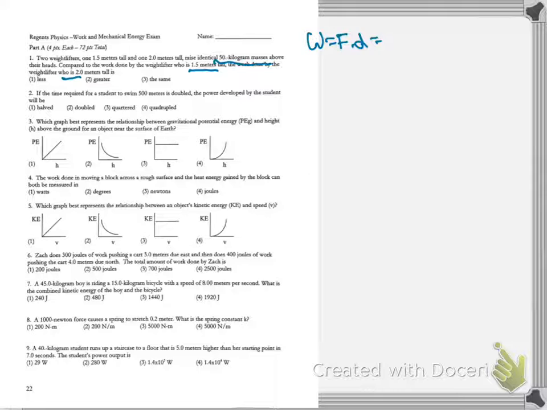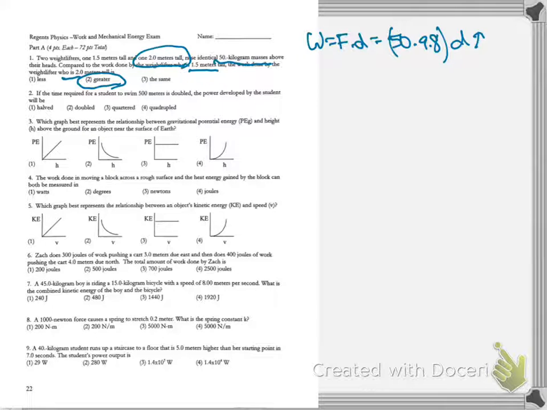The force that they're applying is the weight of the mass, and they're identical masses, so 50 times 9.8 is the same for both of them. So it's just a question of who lifts it higher. The guy that is 2 meters tall is going to do a greater amount of work then, because their d is greater than the 1.5 meter tall weightlifter.